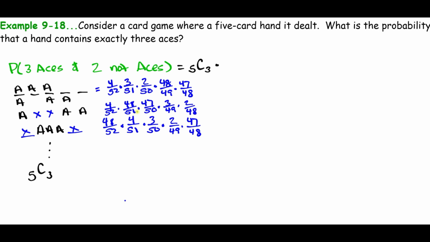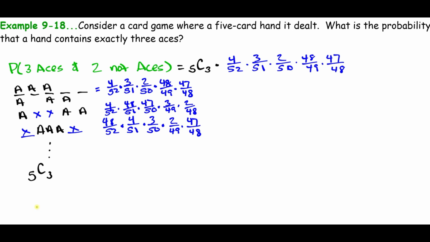Again, although things are in a different order, we still have the same 4, 3, 2, 48, and 47 in our numerator, and my denominators are the same. So it doesn't matter what order these happen in, since multiplication is commutative. So I'm just going to use this first one here: 4 out of 52 times 3 out of 51 times 2 out of 50 times 48 out of 49 times 47 out of 48.